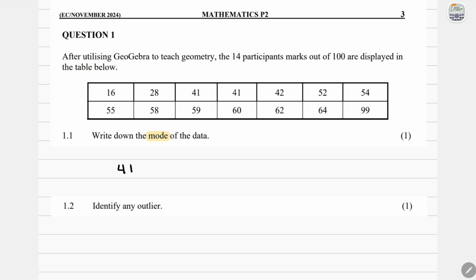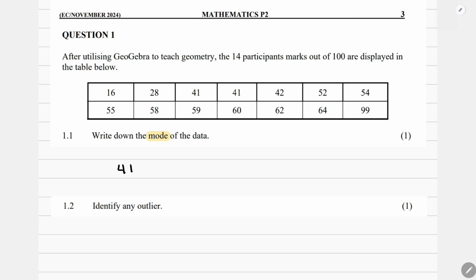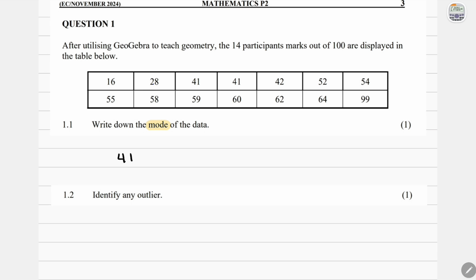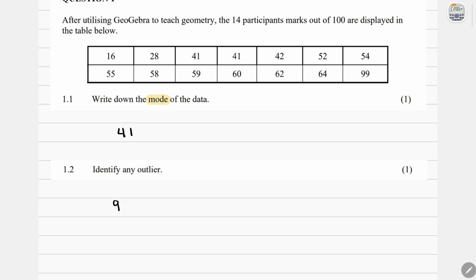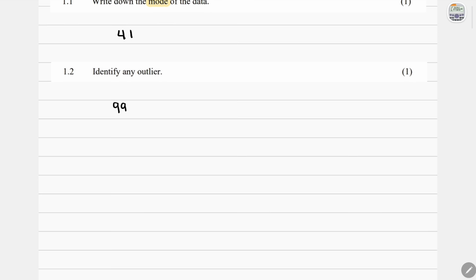You could also just calculate and look at the difference from the mean or the median, the middle of your data set. So we can just say 99 is a value that is much farther away from the rest of the data points. So 99 is our outlier.